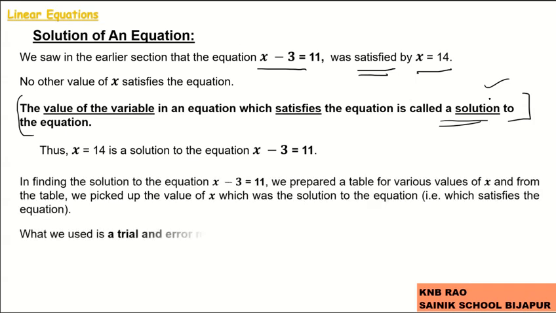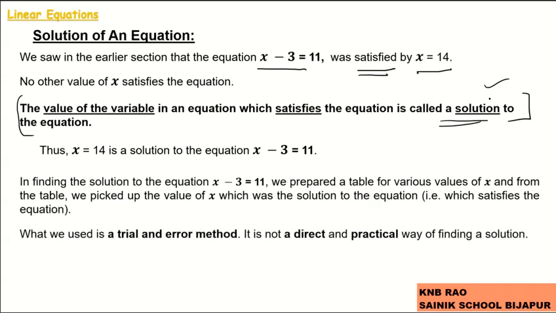In finding the solution to the equation x minus 3 equals 11, we prepared a table for various values of x, and from the table we picked up the value of x which was a solution to this equation, that is, which satisfies the equation.